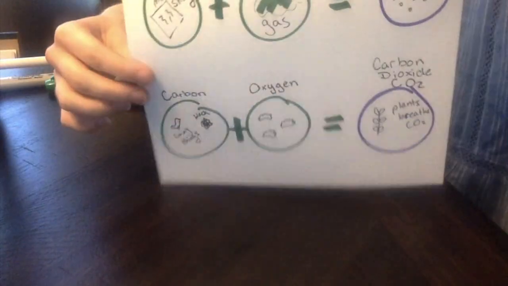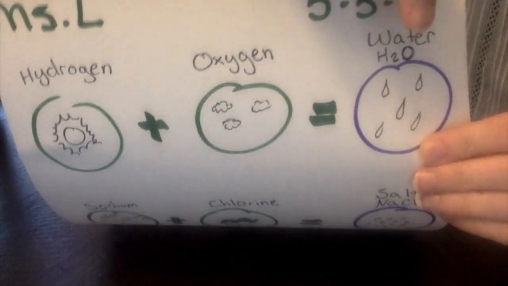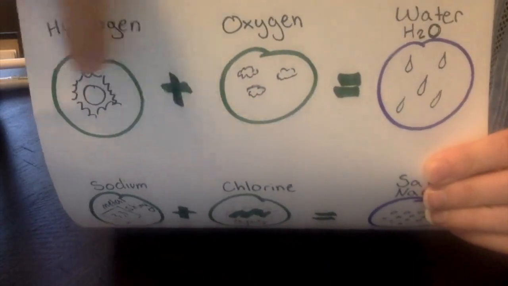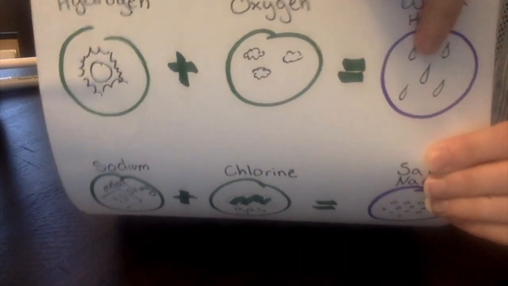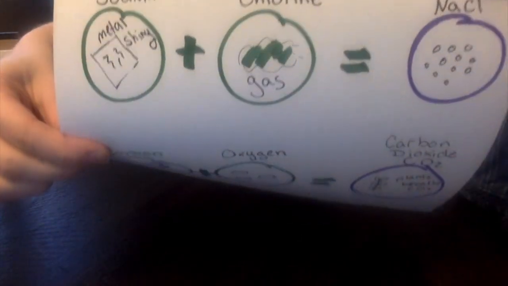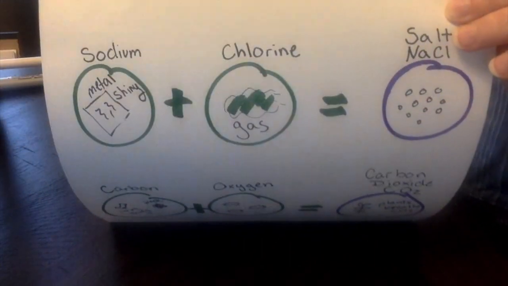So there are our 3 molecules that we learned today. We learned about water, which is made of hydrogen and oxygen. It's made of 2 gases, but it makes a liquid. We learned about salt, which is made of sodium and chlorine.